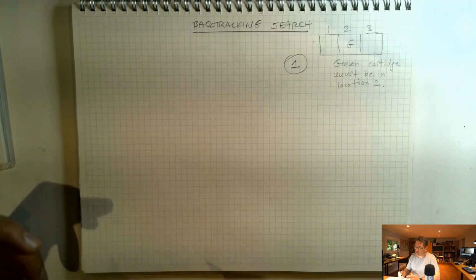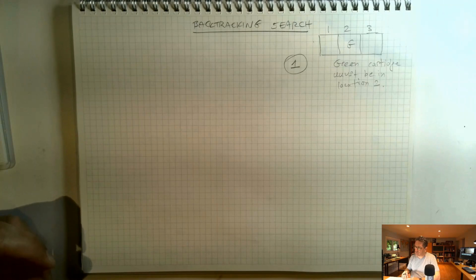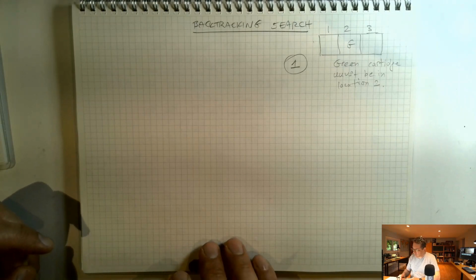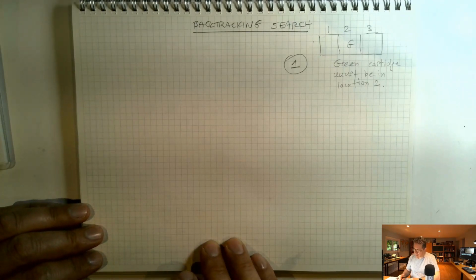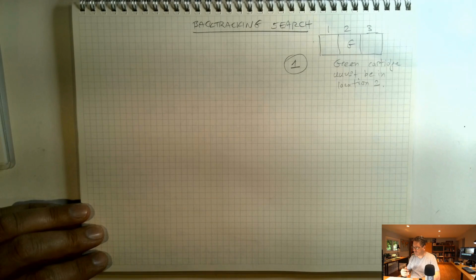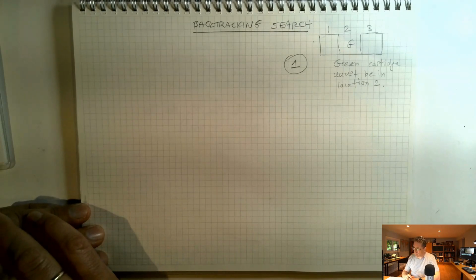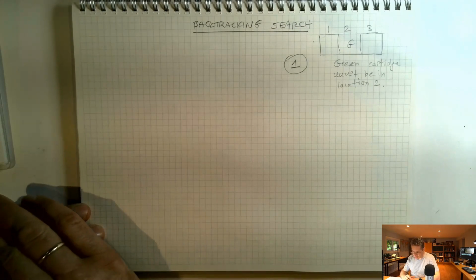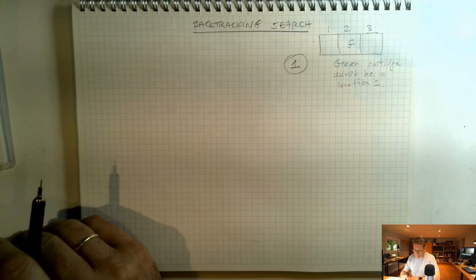By constructing a tree like this, we will see how a backtracking algorithm works and how we can eliminate possible assignments and therefore reduce the computational load associated with this type of assignment.